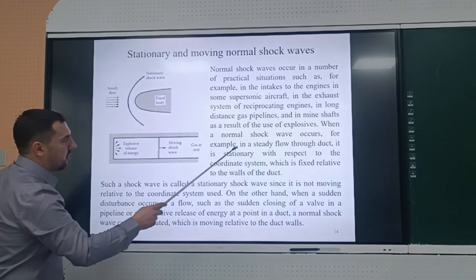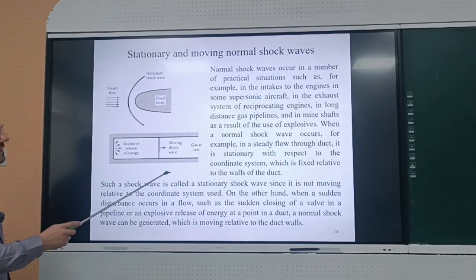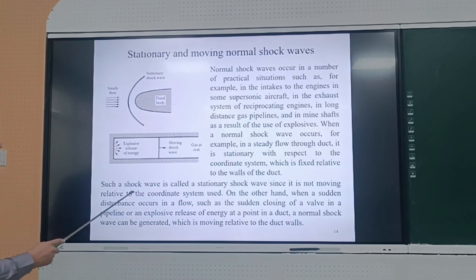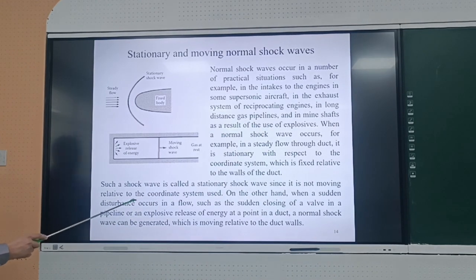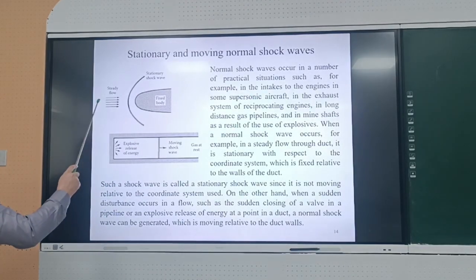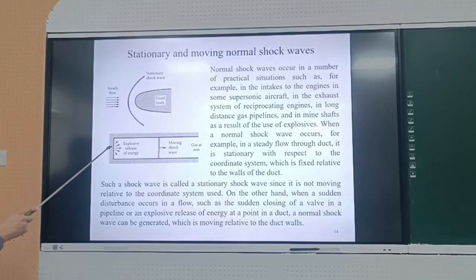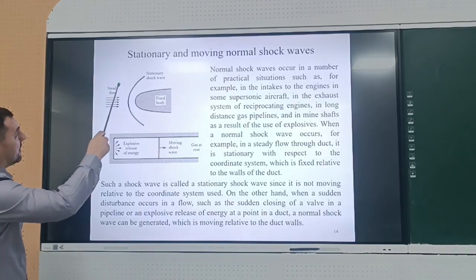When a normal shock wave occurs, for example, in a steady flow through a duct, it is stationary with respect to the coordinate system fixed relative to the wall of the duct. Such a shock wave is called a stationary shock wave, since it is not moving relative to the coordinate system used. For example, if you have a steady, high-speed, supersonic flow around a fixed body, then we will get a stationary shock wave.